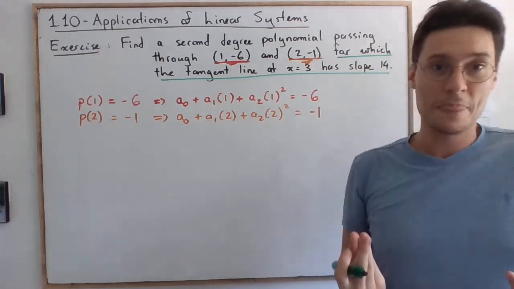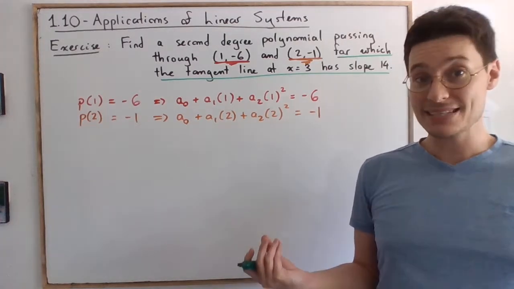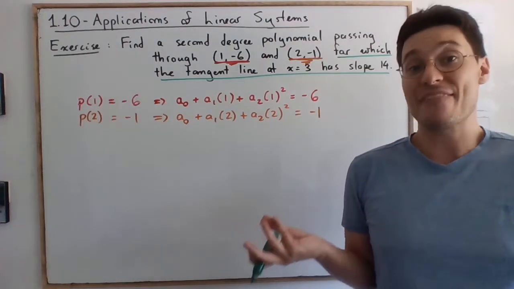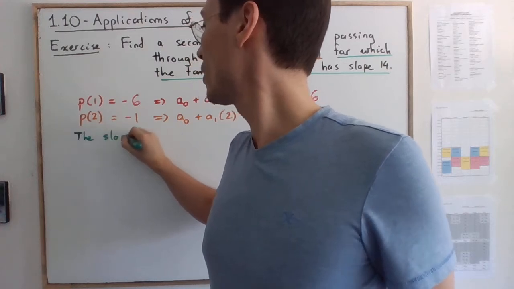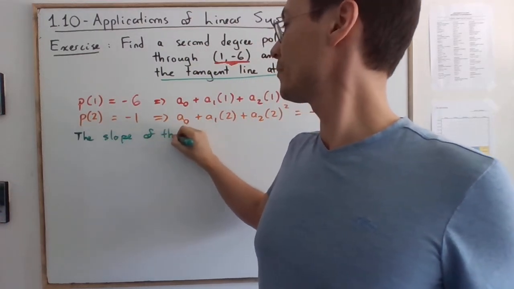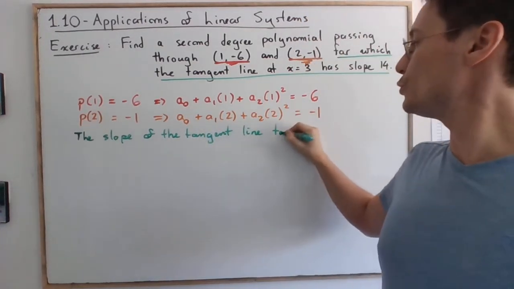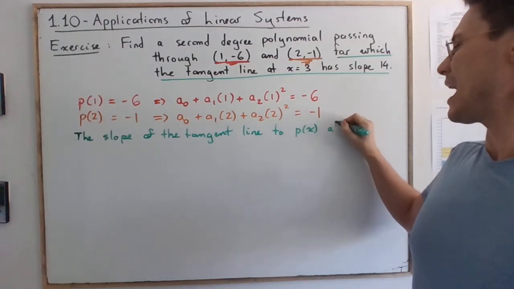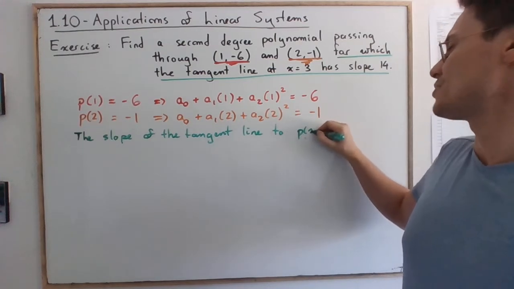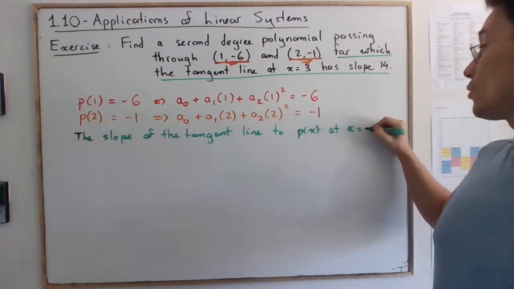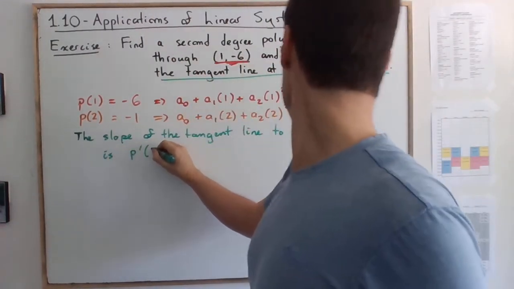What you should know is that the slope of the tangent line at x is actually the derivative at that value of x. Let's write that down. The slope of the tangent line to p of x at x equals 3 is p prime of 3.